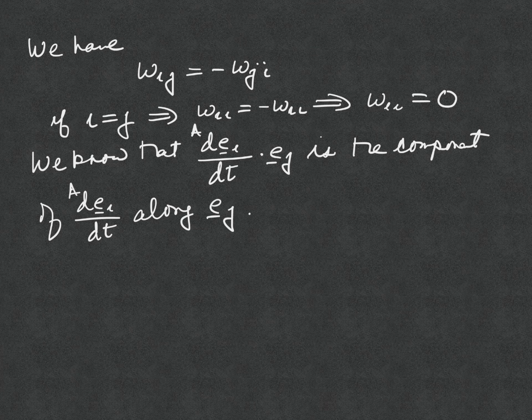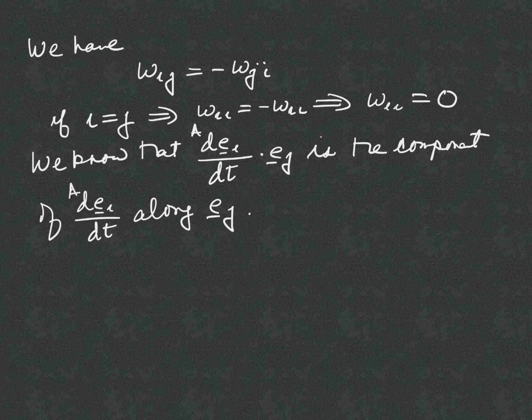That's the definition of a component, right? If I take the dot product of a vector along a particular direction, then the dot product in that direction is the component of that vector in that direction. In this case, I'm taking the dot product of dEi/dt in A along the direction Ej, so dEi/dt in A dotted with Ej is the component of dEi/dt along Ej.